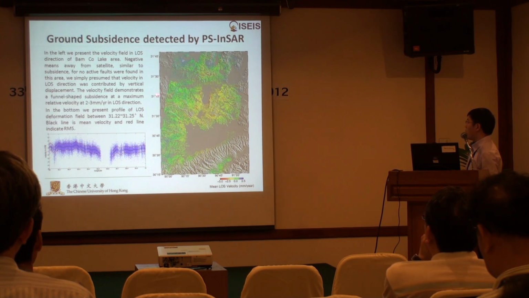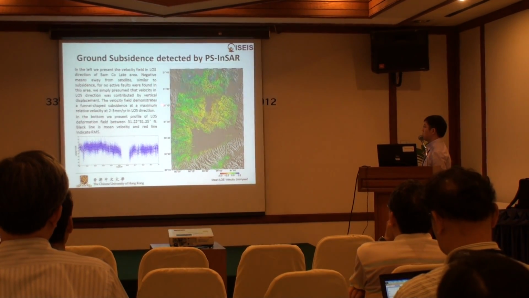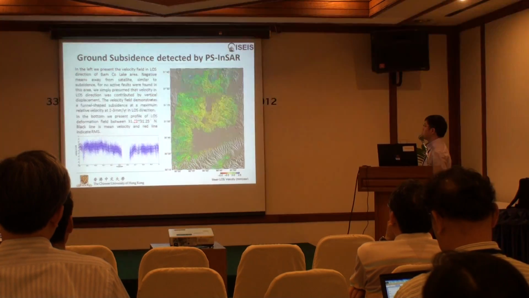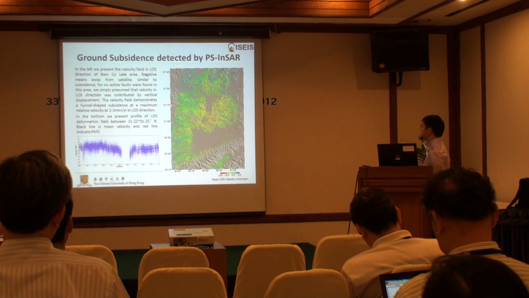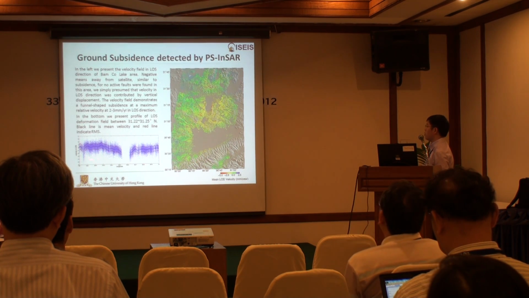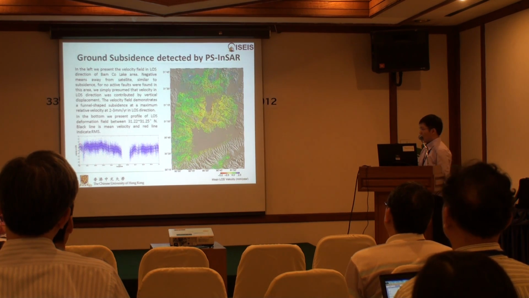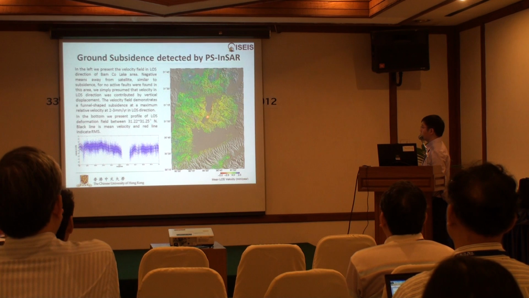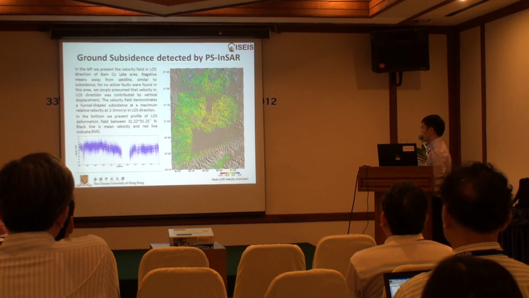We also drew a profile of this line, about 31.22 to 31.25 north, just across this area to show its bowl-shaped subsidence. We could see that in the lake area, because of the fluctuation of the water, it completely lost coherence, so no PS points were derived in this area, which also confirms this method is quite stable.